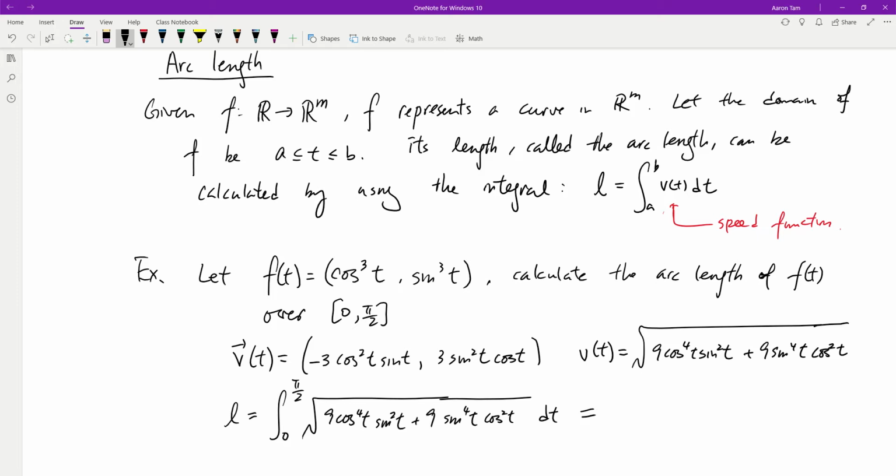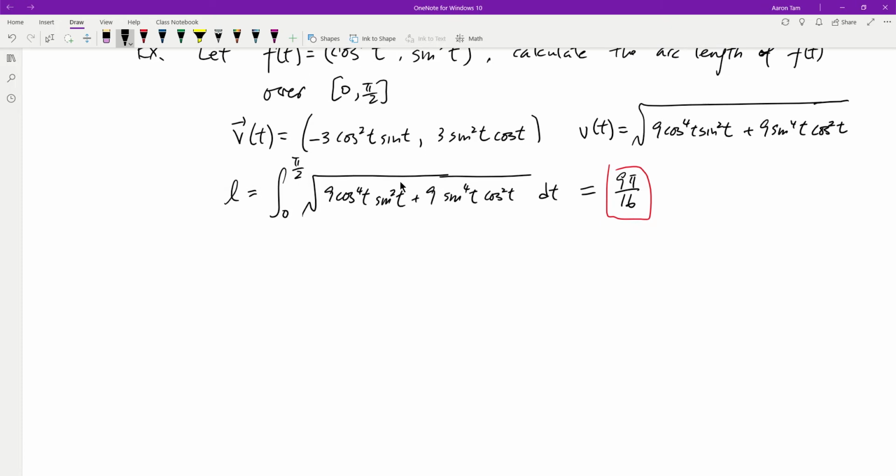Okay, so we'll do that also. So if you type into your calculator correctly, I believe your answer comes out to be 9 pi over 16, whatever that number comes out to be in decimal form. So that would be the arc length.